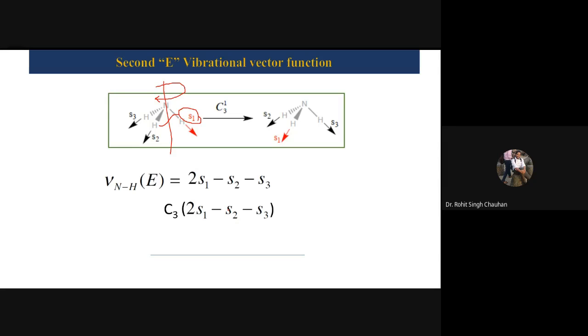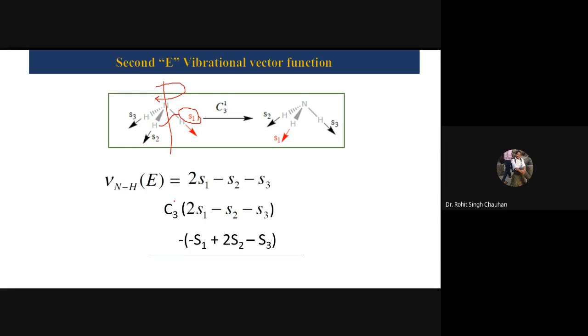Now this S1 is going to change to S2, but whatever coefficient is present, you are going to use the same one. So here it is plus 2, so you will write plus 2s2, but you will write the S2 just below the S2. Don't write it here.